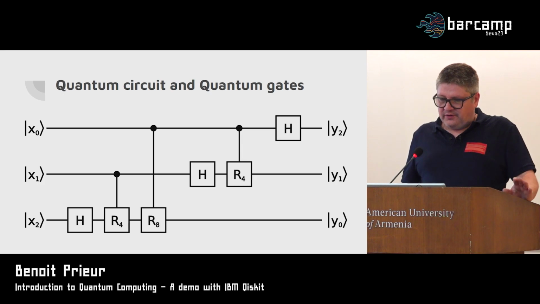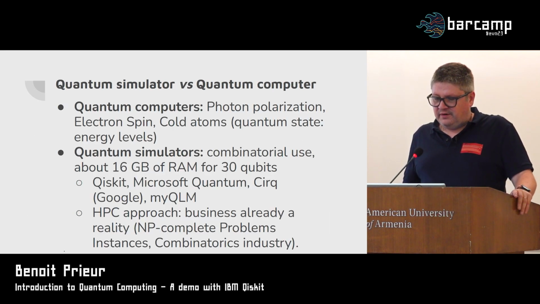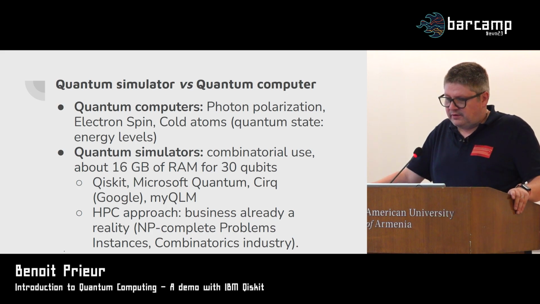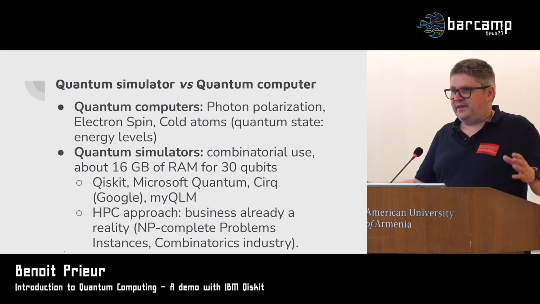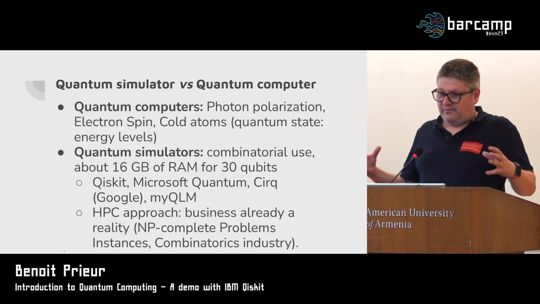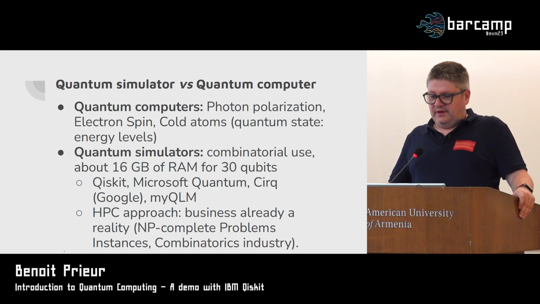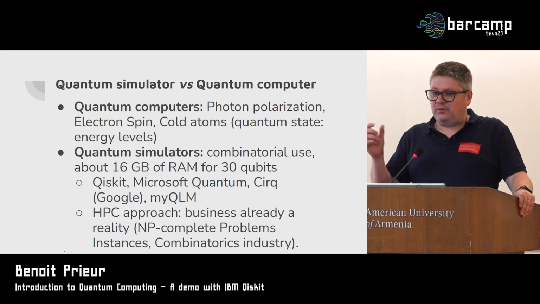A word about the distinction between quantum simulator and quantum computer. A quantum computer is a real quantum computer, actually. It's physics, and we try to manage a physics machine to have a real computation. For example, we have the idea to use the photon polarization, the electron spin, the state of the particle which is interesting for us, to have the 0 or 1.